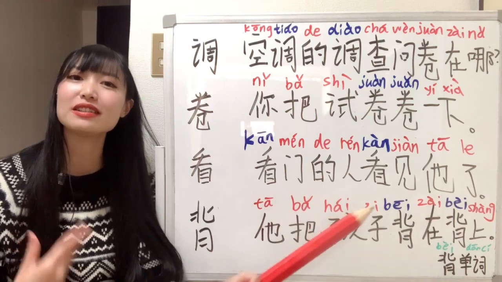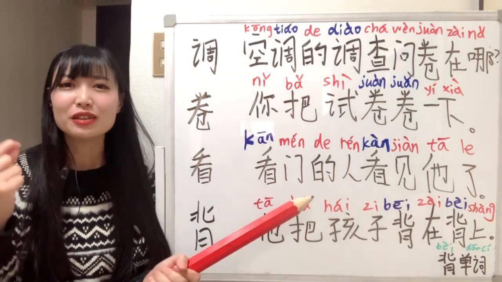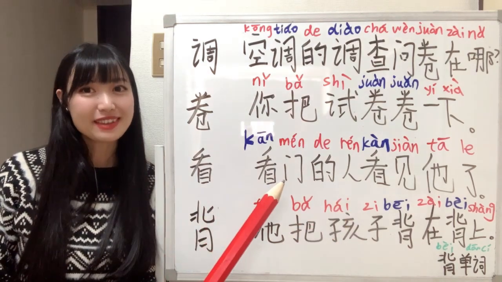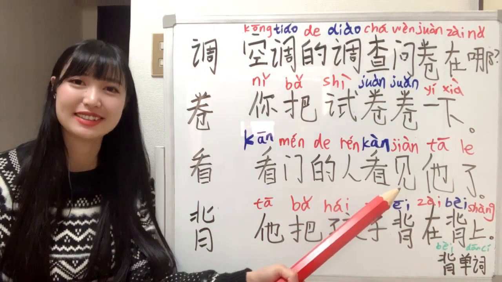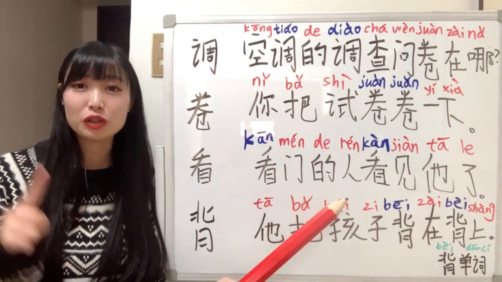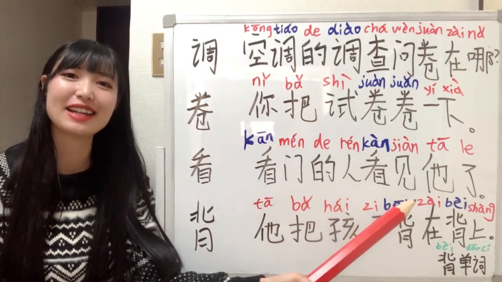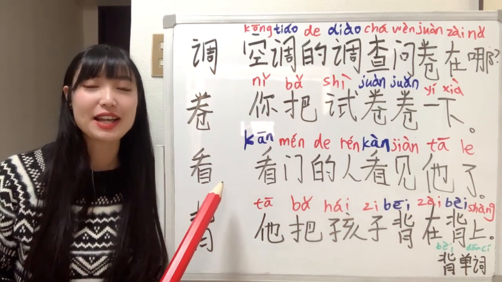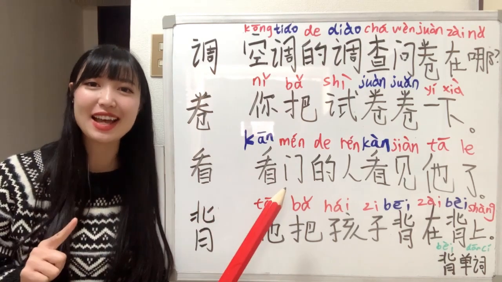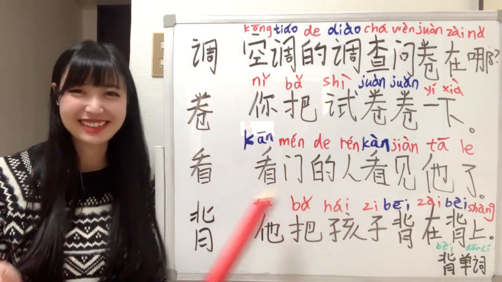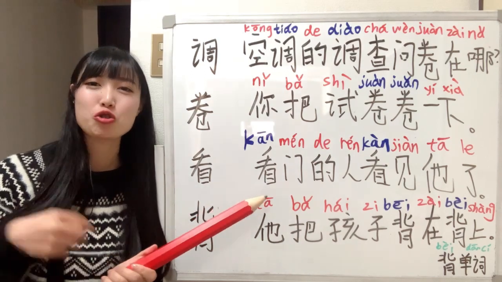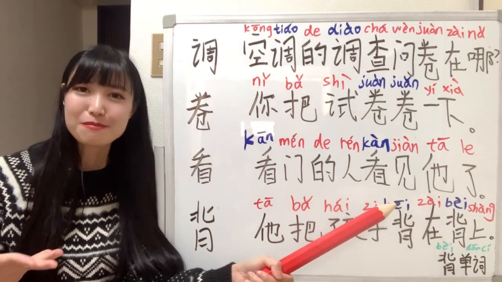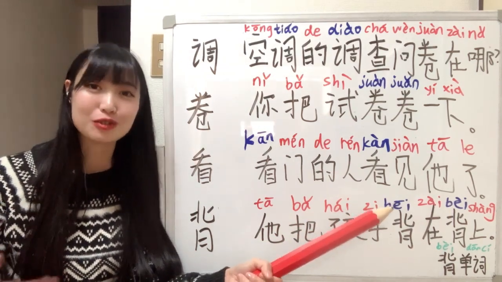So 看门的人看见他了 means the doorkeeper saw him. So 看 has two pronunciations. One means to guard, to keep, or to look after. The other means to read, to see, to watch.